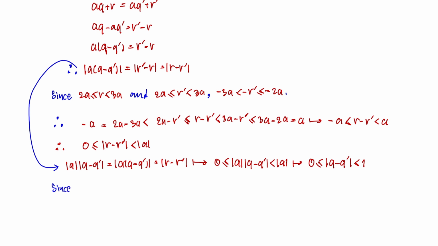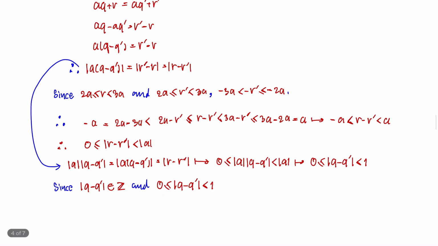Since the absolute value of Q minus Q prime is an integer, and this term right here is greater than or equal to 0 and less than 1, the only number that satisfies this inequality is that the absolute value of Q minus Q prime equals 0. So it implies that Q equal to Q prime.